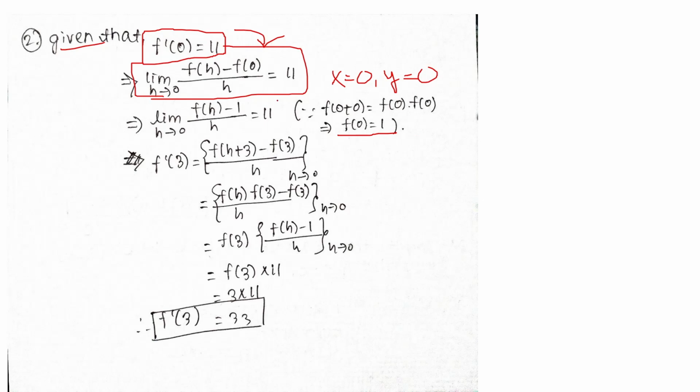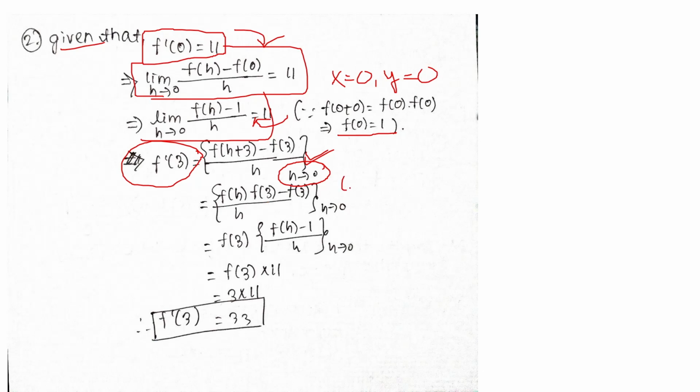By putting that value in that equation, we'll get this term. After that, what we have to evaluate is f dash of 3. By definition, we always try to follow the basic definition: (f(h plus 3) minus f(3)) divided by h, as h tends to 0.